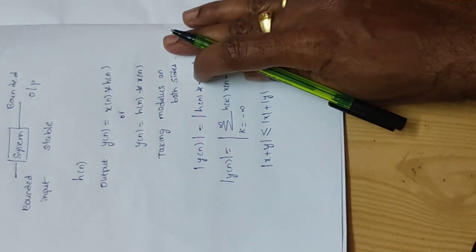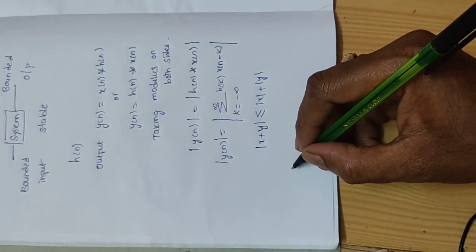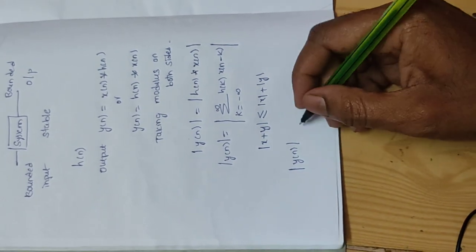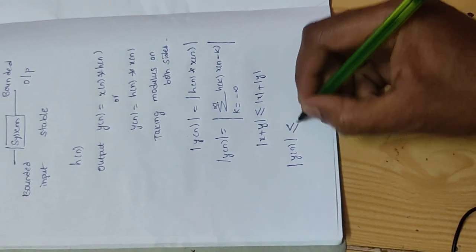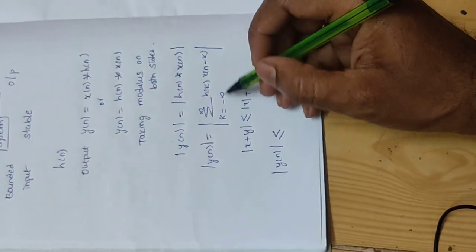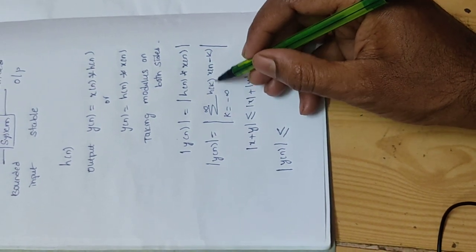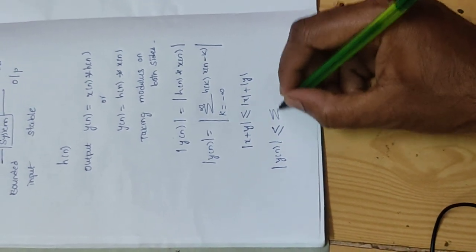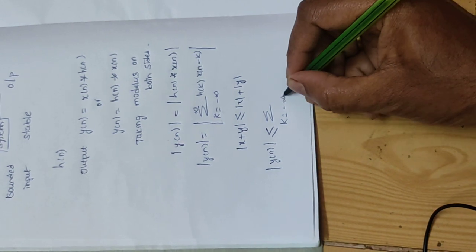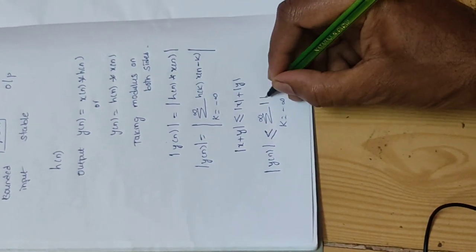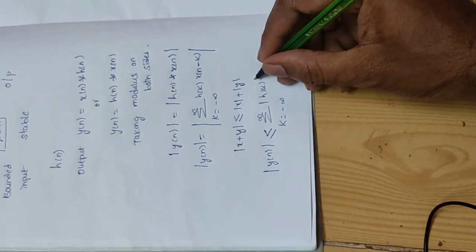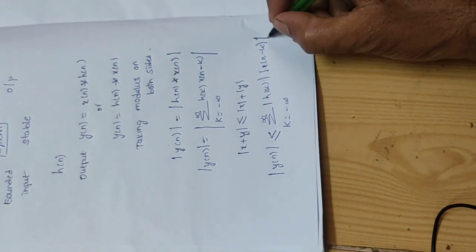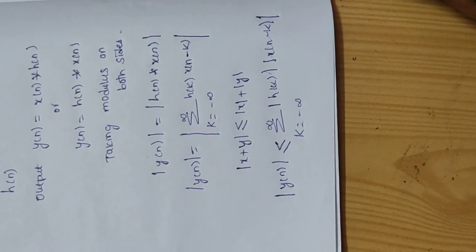So we can say that modulus of y of n is less than or equal to the summation k equals minus infinity to infinity of modulus of h of k times modulus of x of n minus k.